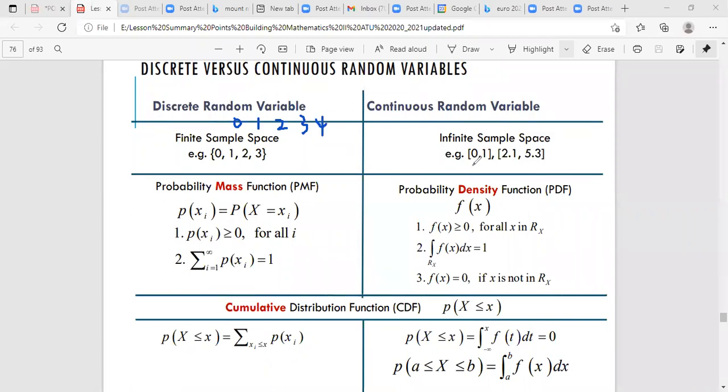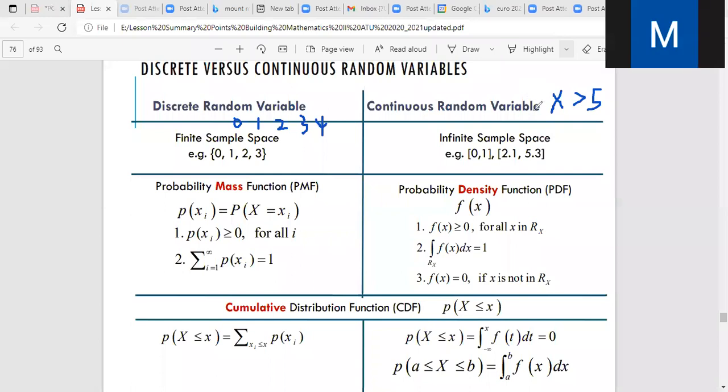In a continuous variable, you always have intervals. So for example, you'll be told X is greater than maybe 5 but probably less than what? 10.